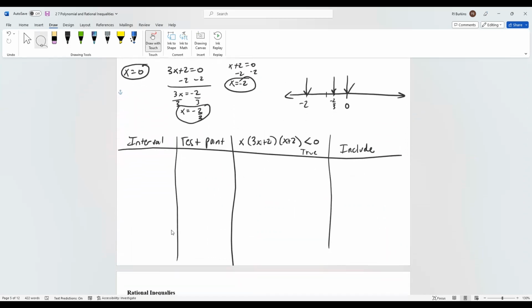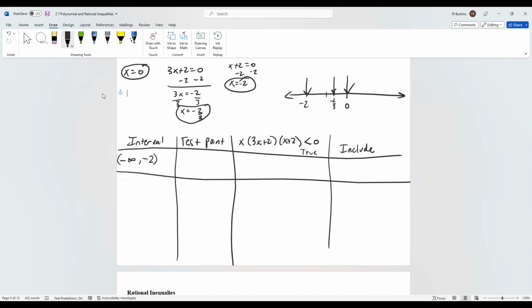Okay. So the first interval looks like it's going to go from minus infinity up to negative 2. And again, because it's not equal to for the inequality, I'm not going to include any of these values.